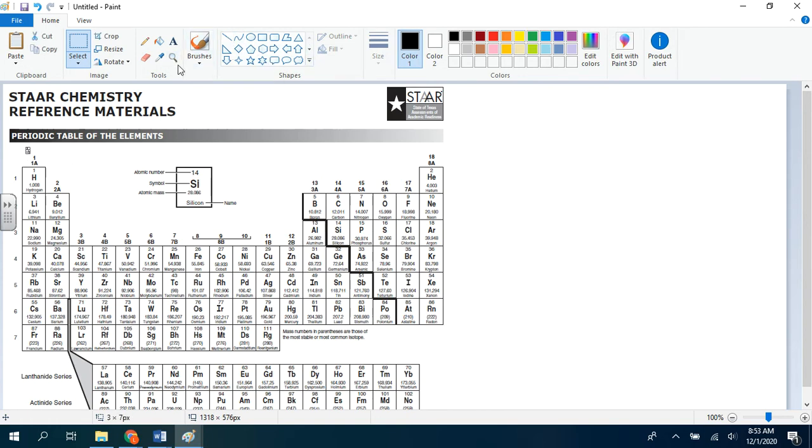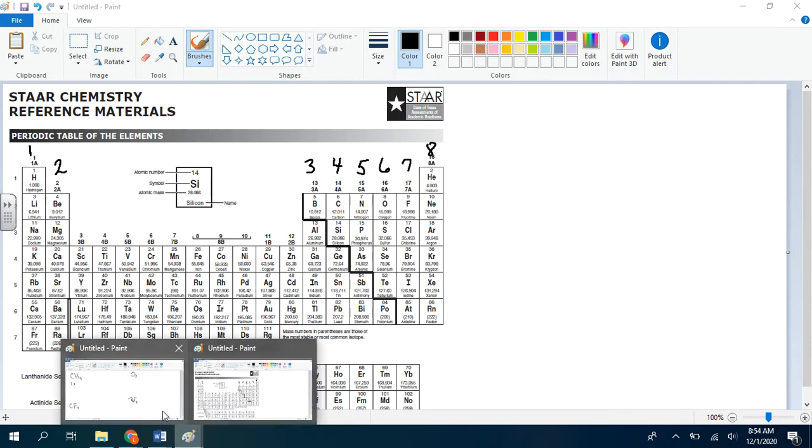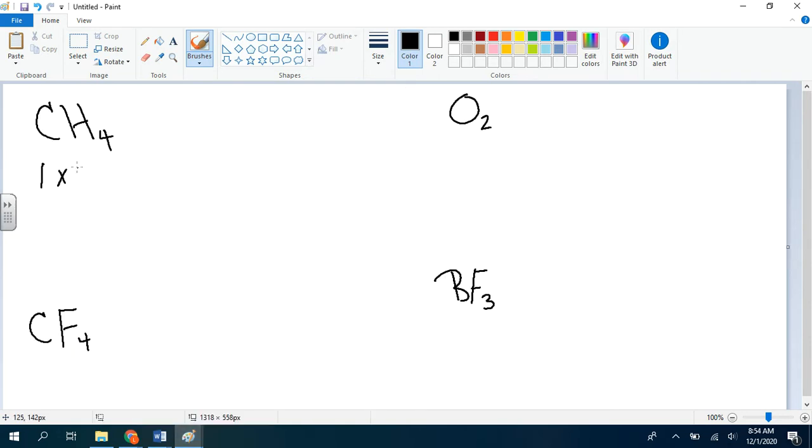Okay, hang on, let me change this to the brush. All right, this group has one. This group has two. This group has 3, 4, 5, 6, 7, and 8 valence electrons. All right, so for carbon, it has 4. Remind you how to count those, okay? So I've got one carbon atom and it has 4 valence electrons. 1 times 4 is 4.